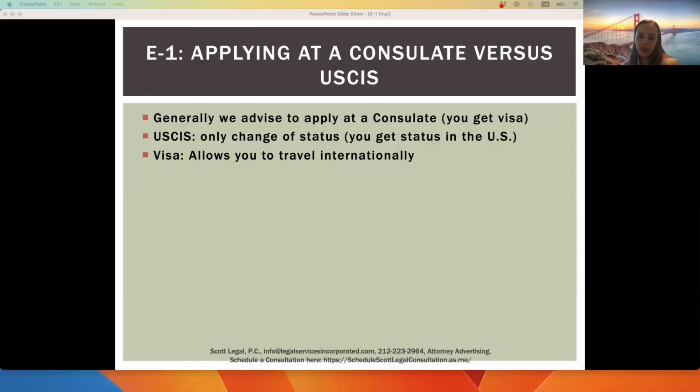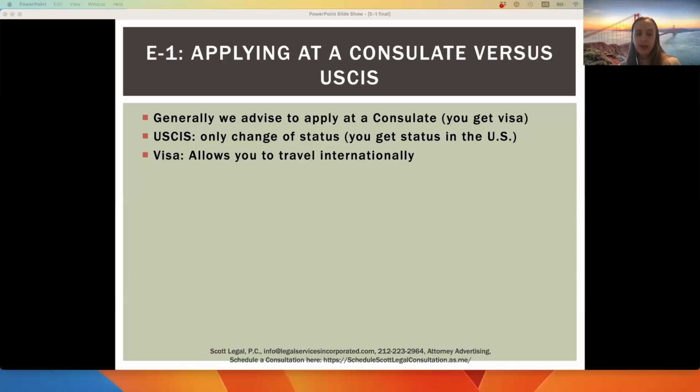The reason is this: let's say that you do a change of status with USCIS. This is only possible if you are in the US on some other visa status. ESTA wouldn't qualify. You have to enter on a certain visa, and then you would have the option to change status with USCIS.